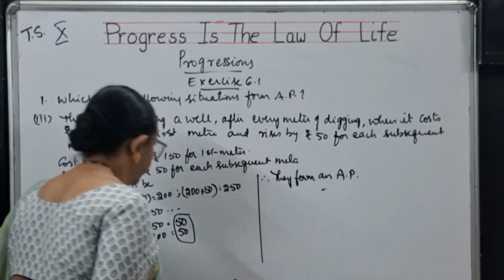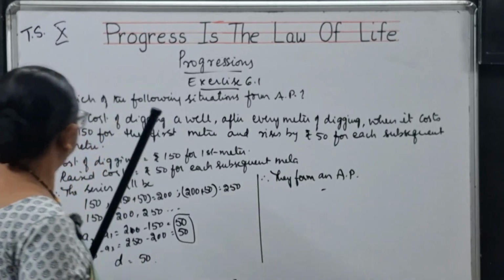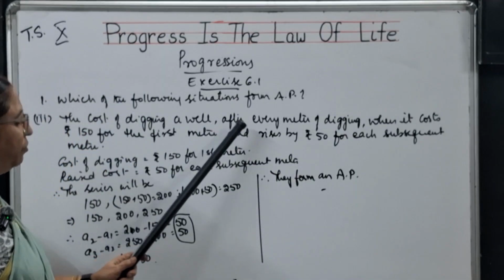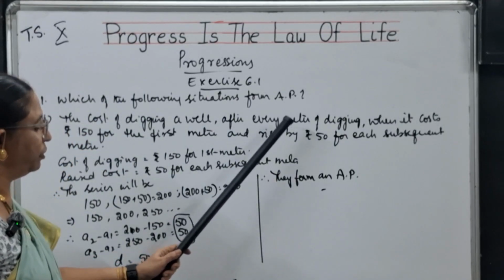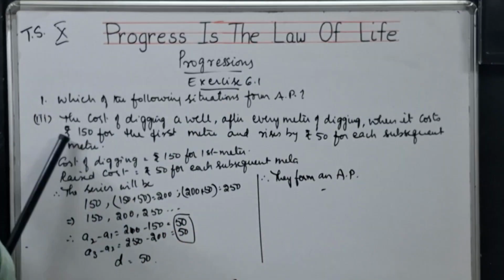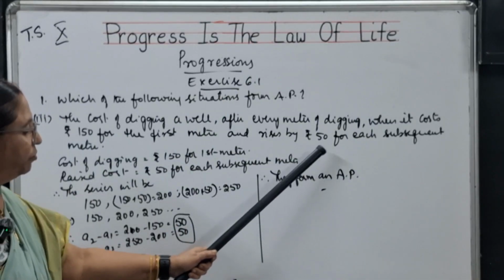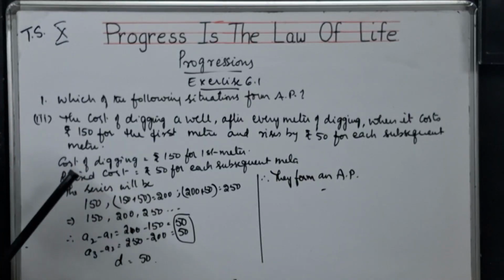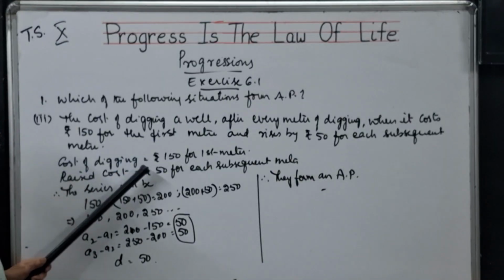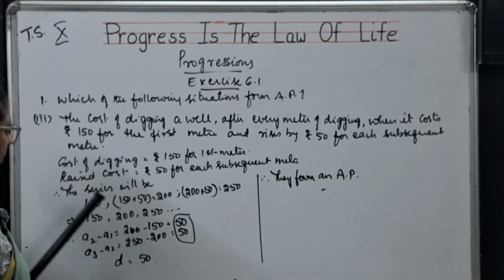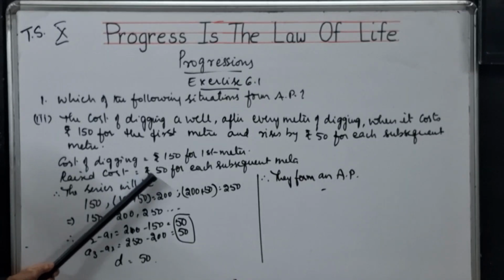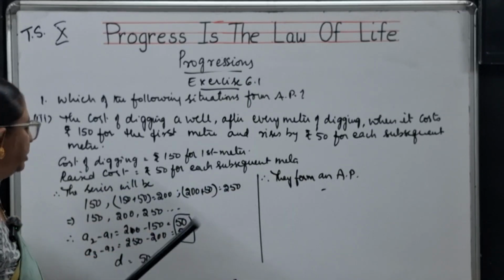Now, what is this problem? The cost of digging a well after every meter of digging, when it costs 150 for the first meter and raises 50 rupees for each subsequent meter. So the cost of digging is 150 for the first meter. Then the raised cost is rupees 50 for each subsequent meter.